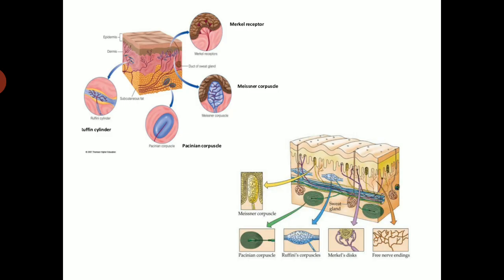unmyelinated nerve endings, which consist of flattened supportive cells arranged as horizontal lamellae surrounded by a connective tissue capsule. The corpuscle is between 30 to 140 μm in length and 40 to 60 μm in diameter. μm is a micrometer.